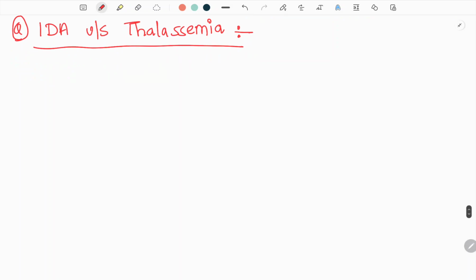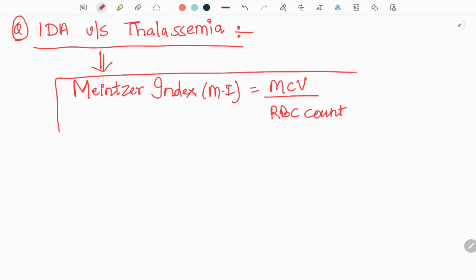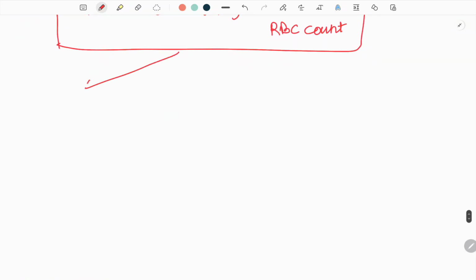Right? So there's a concept of Mentzer index. Mentzer index. And the formula for this very important index is mean corpuscular volume divided by RBC count. If this index is more than 13, it is a case of iron deficiency anemia.